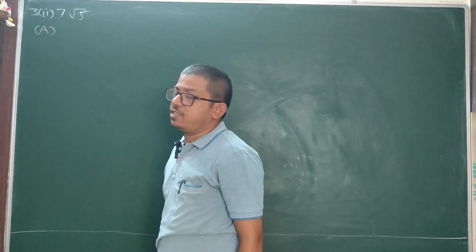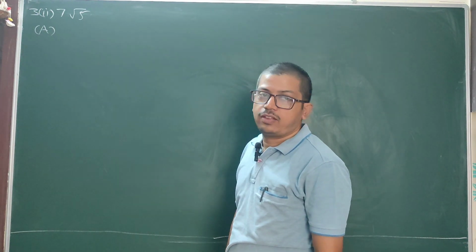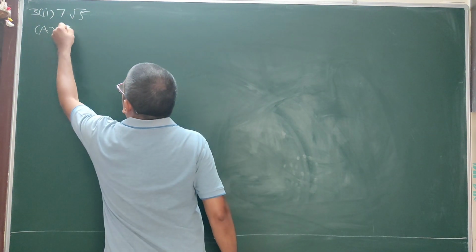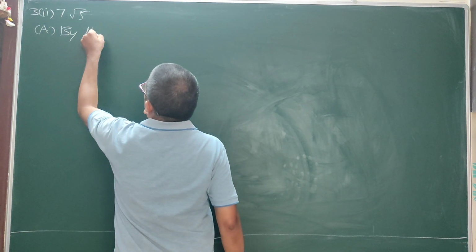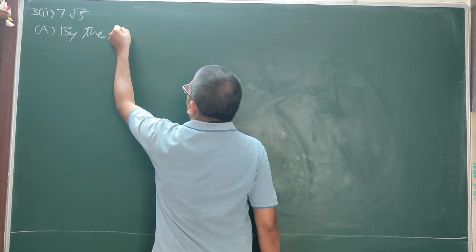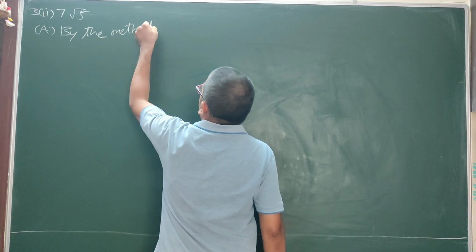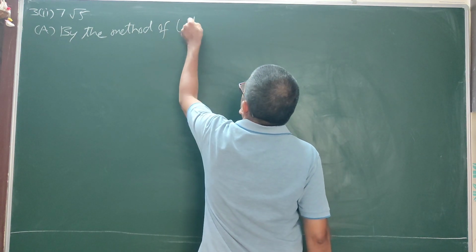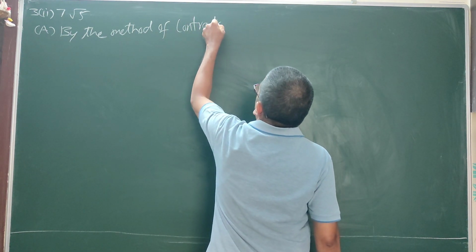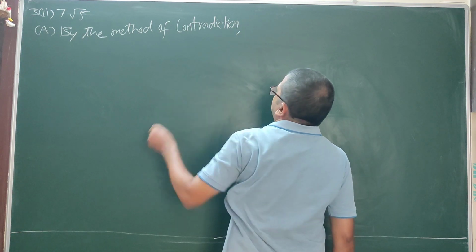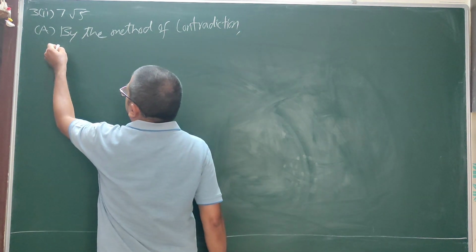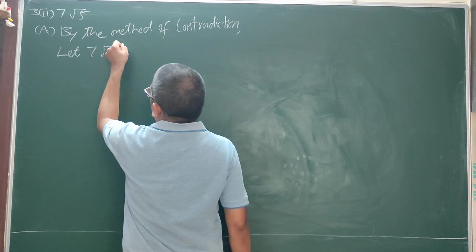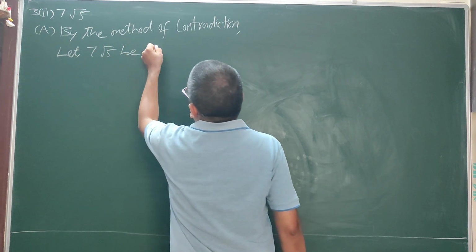So in third Roman, the second question is 7 root 5. By the method of contradiction, let 7 root 5 be rational.